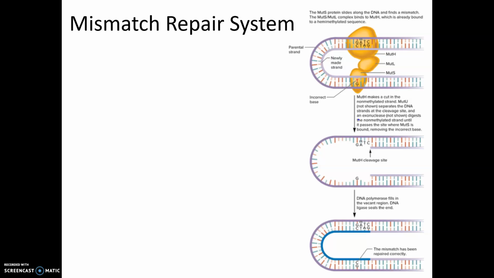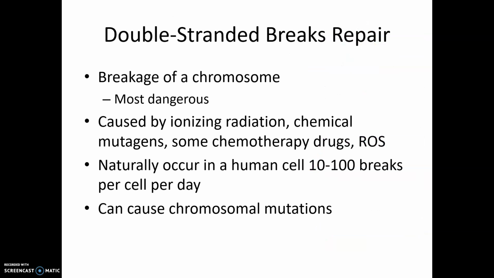Okay? Another type of repair mechanism we have is for our double-stranded breaks. Now, we talked about double-stranded breaks when we talked about our chromosomal abnormalities and how if a double-stranded break is not put back correctly, you get deletions, inversions, and translocations. So that should sound familiar to you. Naturally, in a human cell, there are about 10 to 100 breaks per cell per day.